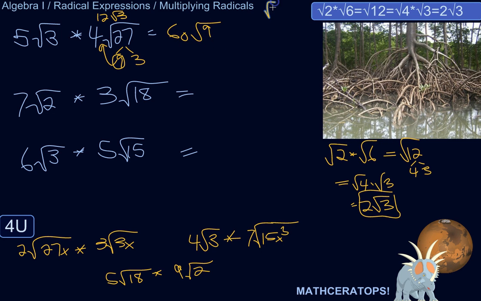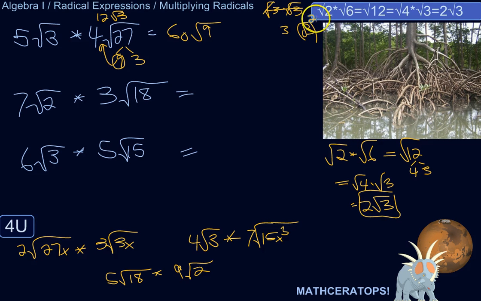And in general, if you're multiplying something with the same radicand, just think of it like that. In other words, square root of 3 times the square root of 3 would be equivalent to square root of 3 squared, a number times itself.